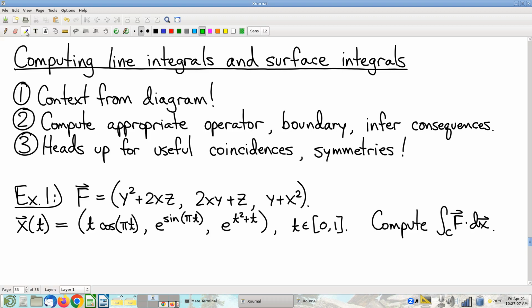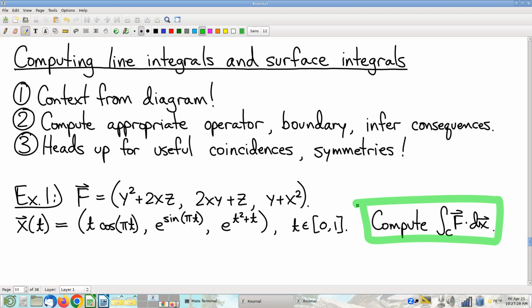Okay, so the broad strokes are always going to be: look at the diagram, see where you are. That's going to give you context. Very, very useful. So, for example, looking at this first example, it says compute a line integral. Okay, so apparently I'm in the line integral portion of the diagram. Now, which diagram?